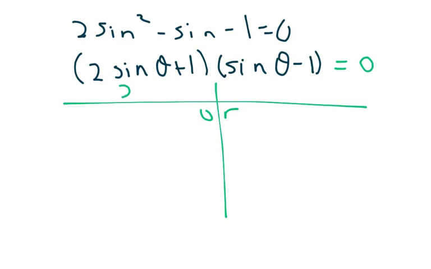So we're going to take this piece, 2 sine of theta plus 1 equals 0, and we take this piece, sine of theta minus 1 equals 0.